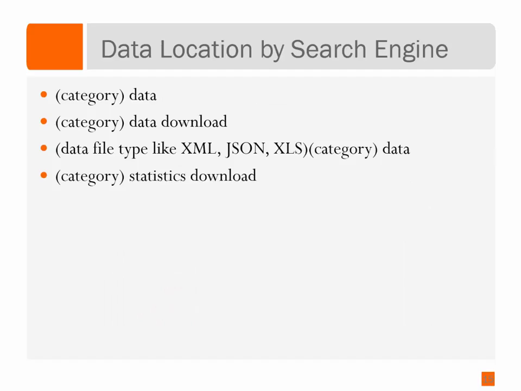So what are some ways that I can find data sets? One of the ways is doing data searches using a search engine. I'll try to find some sources of data just using Google or another type of search engine. Here are some phrases you can utilize.